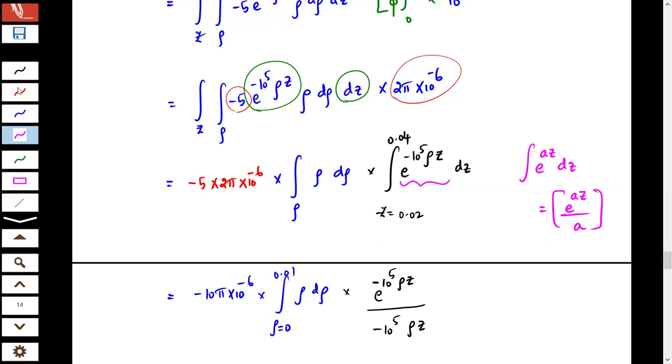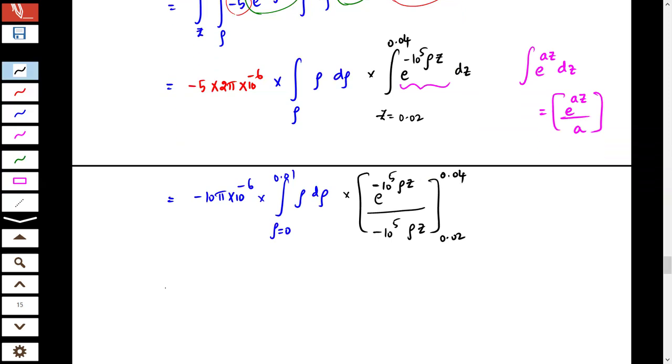Now applying the limits, the lower limit is 0.02, upper limit is 0.04. So we should do application of limits. So here denominator should have only rho.